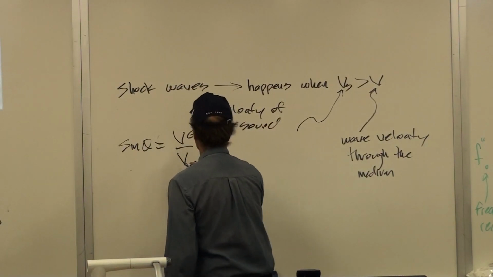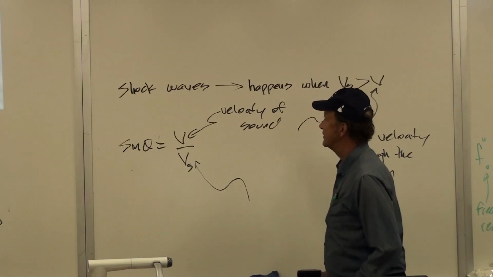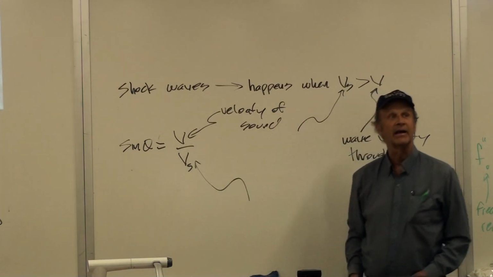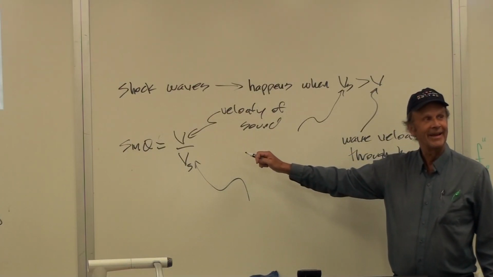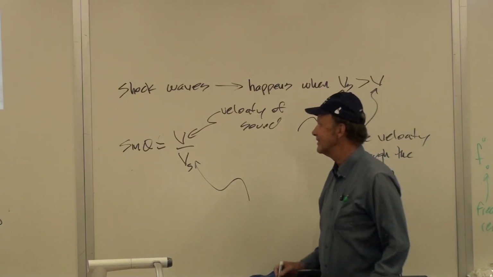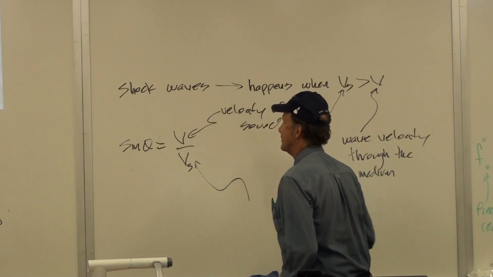And of course, this isn't going to work if the source velocity is less than the velocity of sound, because then you get a sine function that's greater than 1. Okay? And so that works out nicely because you certainly don't expect that to happen.